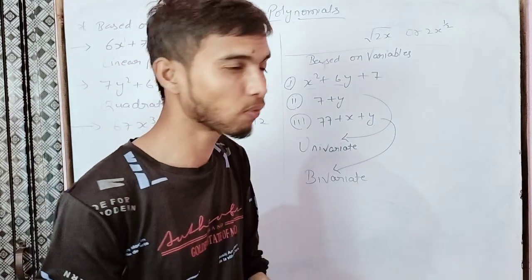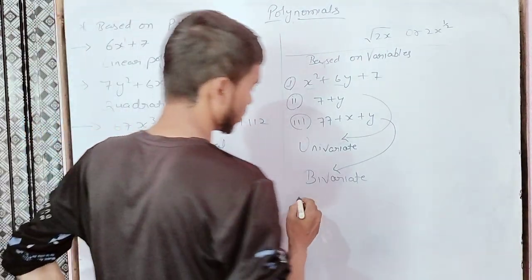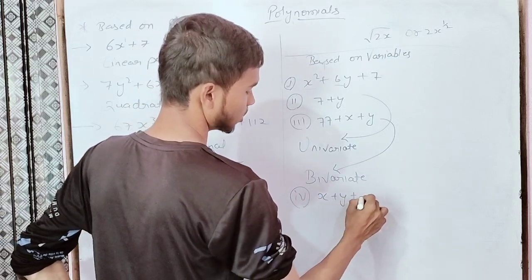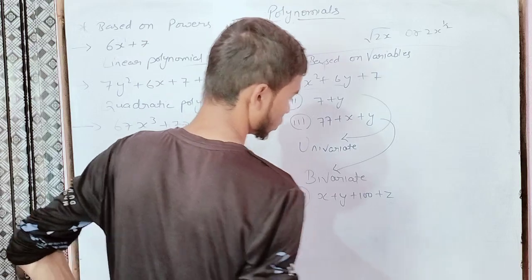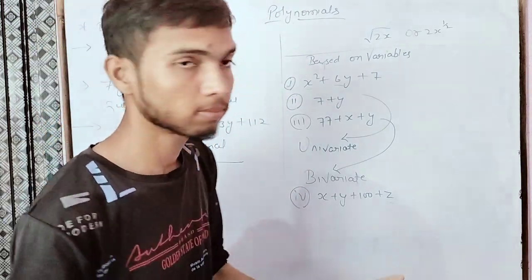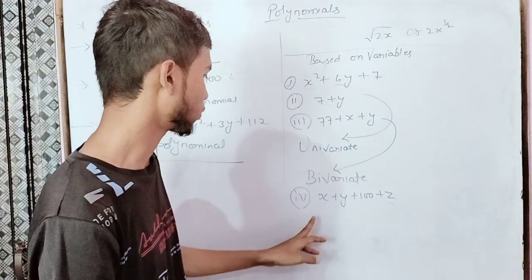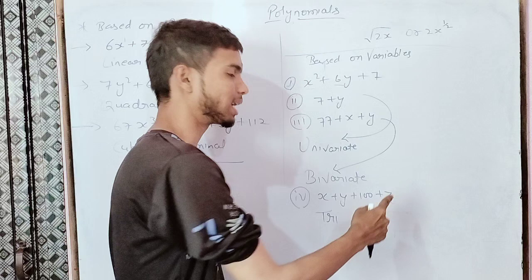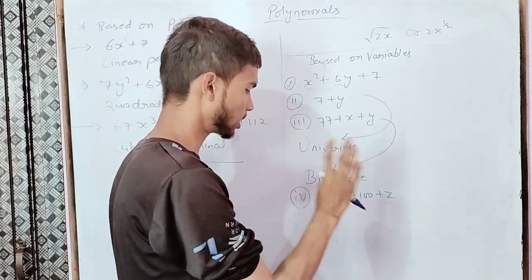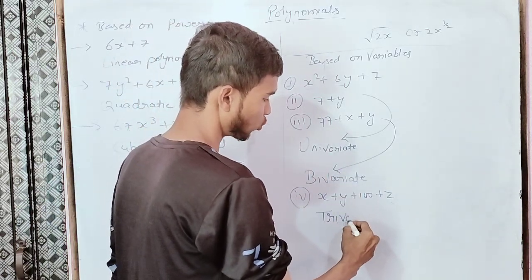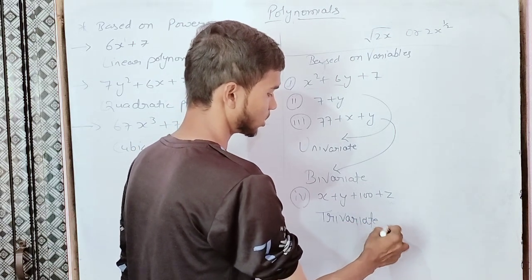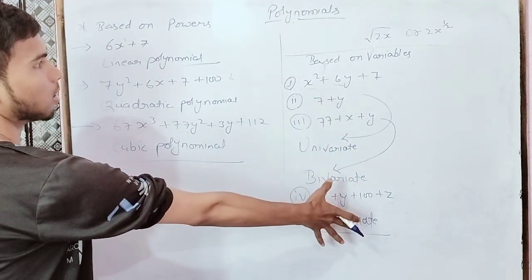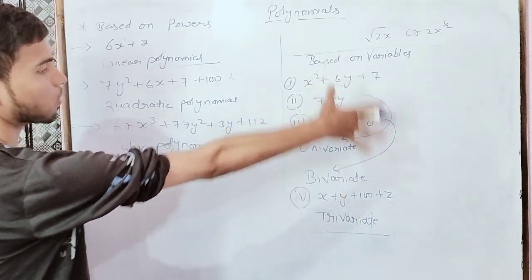There can be three variables in a given polynomial. For example, like that, there are three random variables. So we would say this is trivariate. Bi means two, tri means three, and variate means variables. So we understood the types of polynomials based on variables.